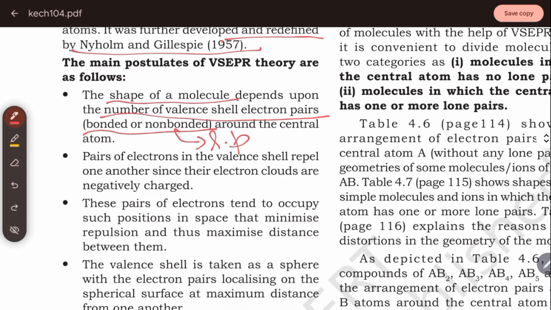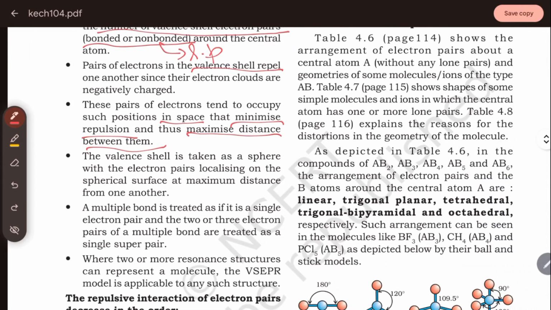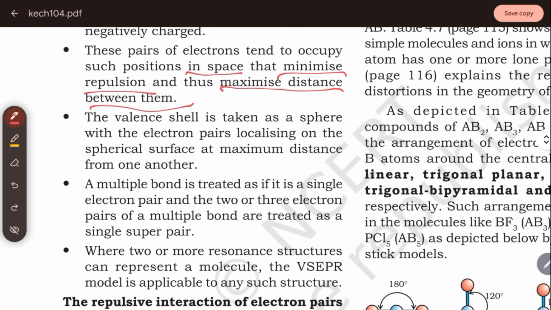Pairs of electrons in the valence shell repel each other, so they try to occupy maximum distance between them to minimize the repulsion when they are oriented in space.